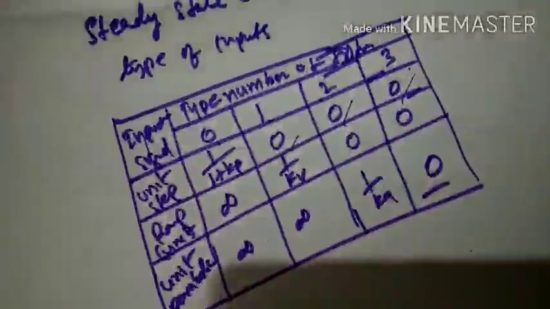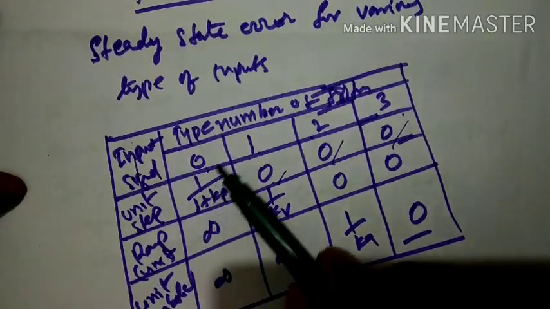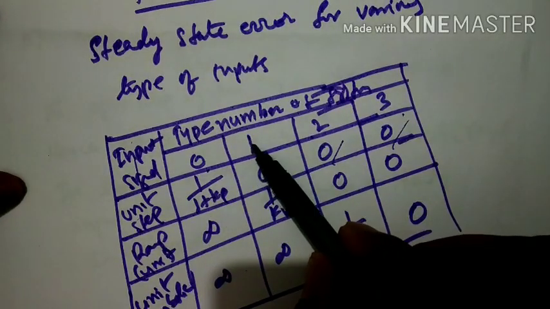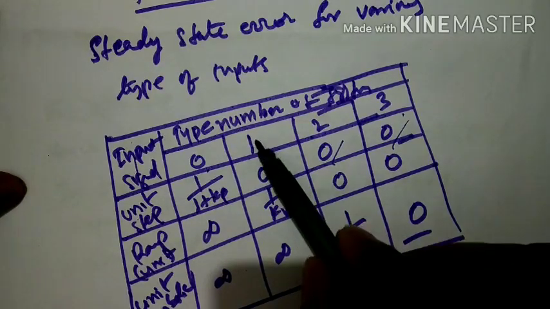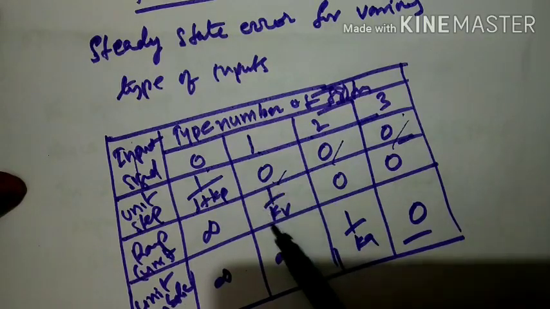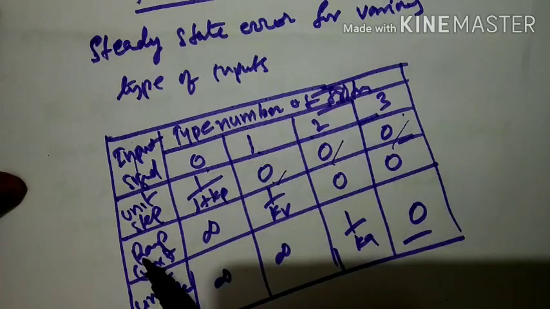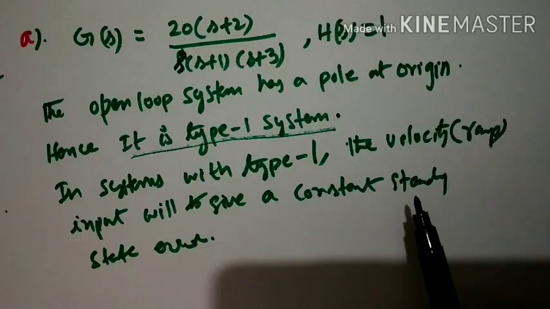For the type 1 system, what is the input signal? It's a ramp signal. That's what I told you, it's a ramp signal.